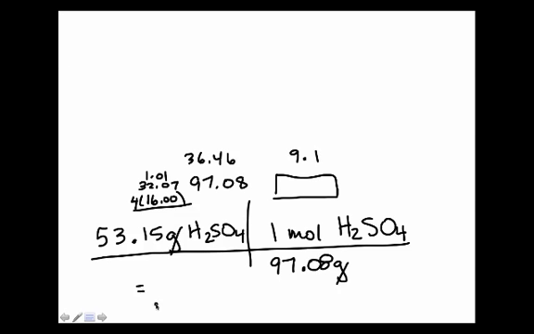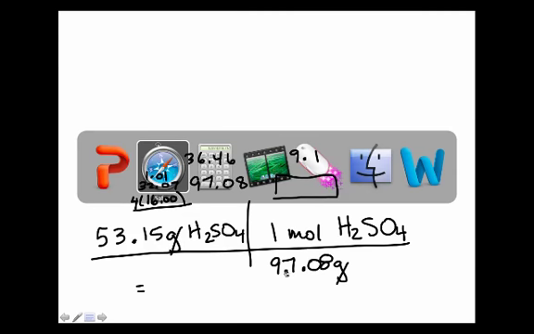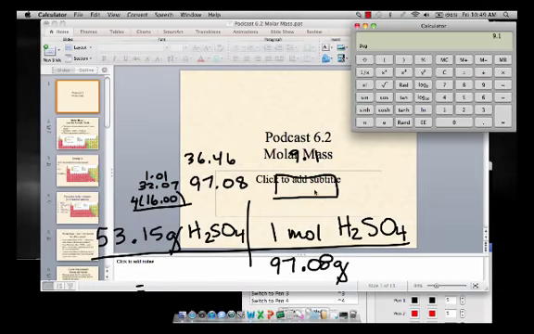So I'm going to do in my calculator 53.15 times 1 divided by 97.08. We multiply across the top and divide by what we have on the bottom. So 53.15 divided by 97.08. 0.5478748, blah blah blah, lots of calculator vomit.